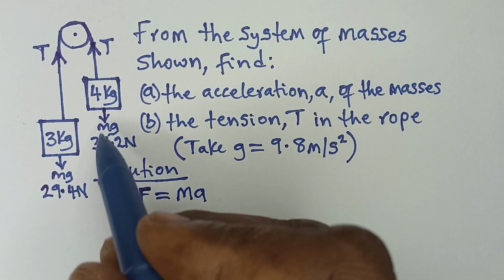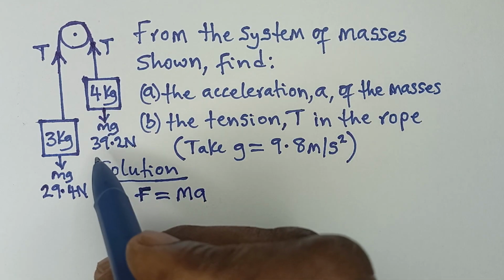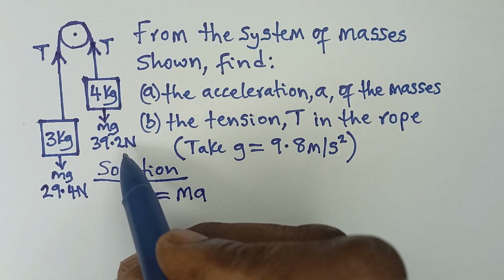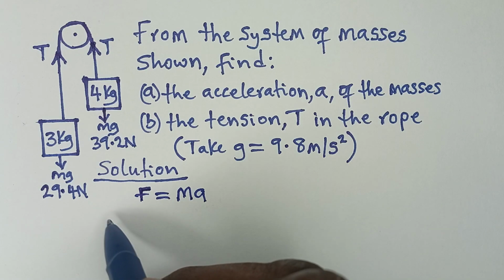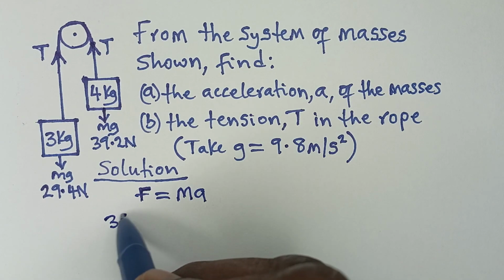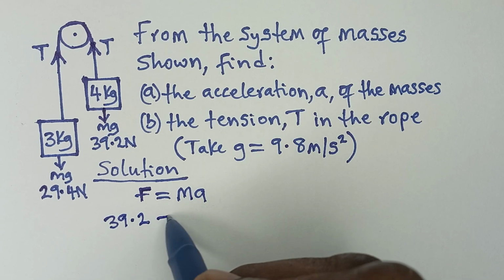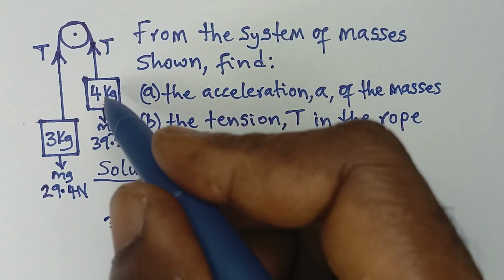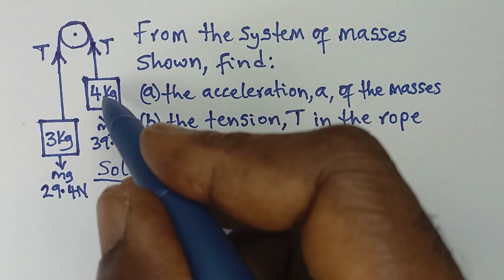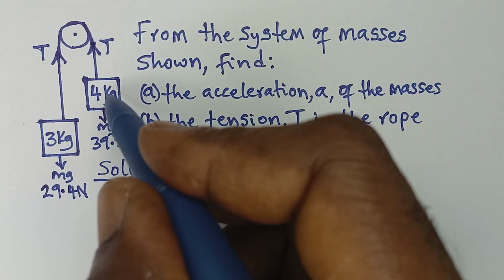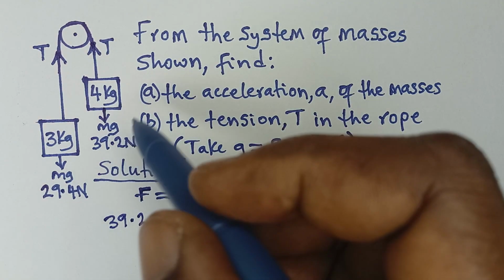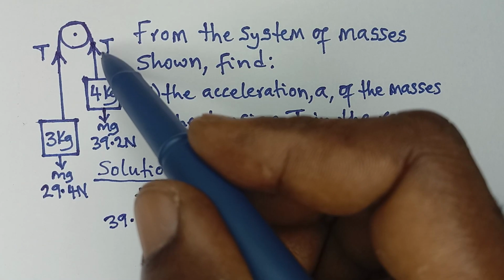So if we look at this 4 kilogram mass, the weight, which is 39.2, let me put it 39.2. Then minus the tension. Don't forget the weight is downward, and this 4 kilogram mass will definitely move downward. And it is greater than the tension which is going upward.